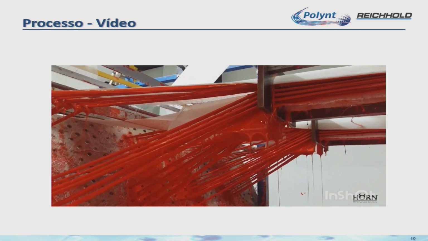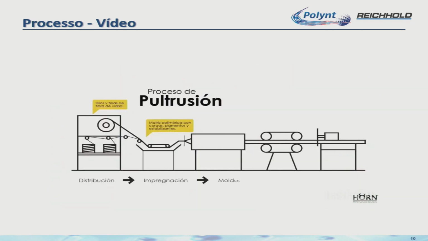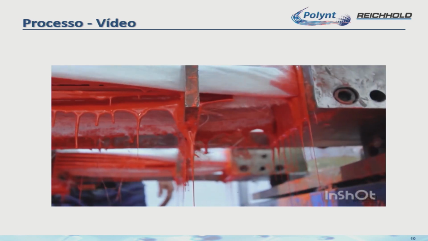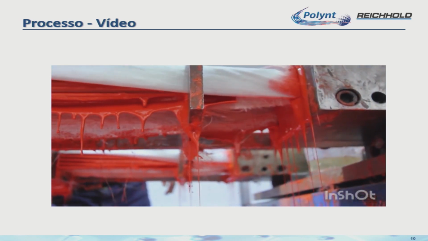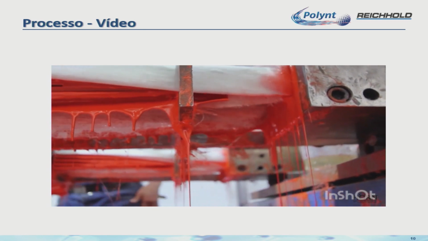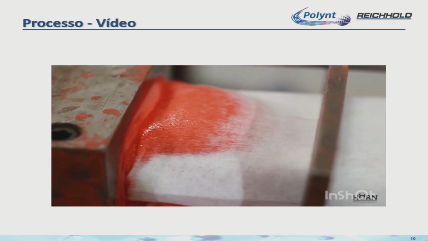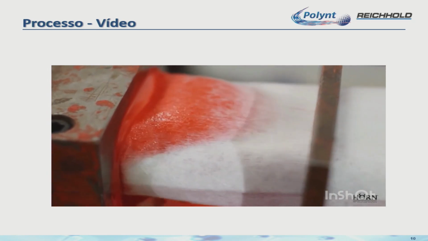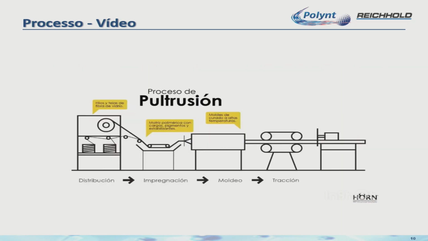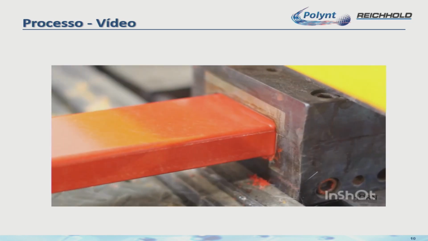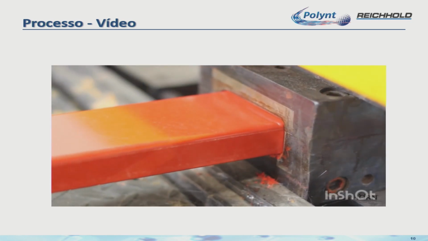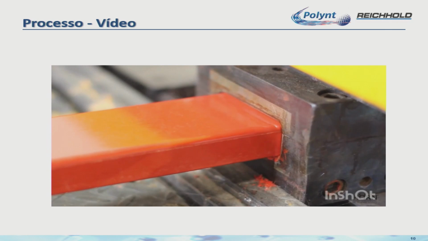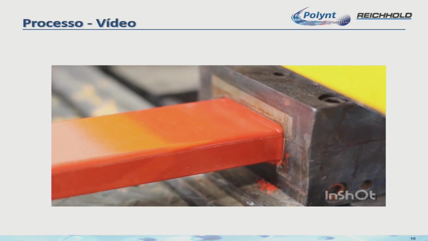Then this heating mold is divided by zones: entering, lead, exit. So it could be at different temperatures. The pulling, we have hydraulic or mechanical in order to pull the profile.